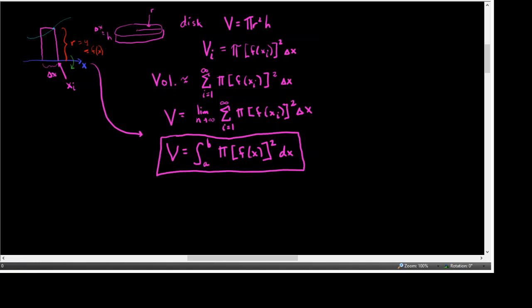In a more general sense, we could say that, and by the way, that pi comes out in front since it's a constant, and that's one of the things that I would normally write out in front of the integral. In a more generic way, we're going to have the radius as a function of x being squared times dx. And this will work for any revolution about a horizontal line.